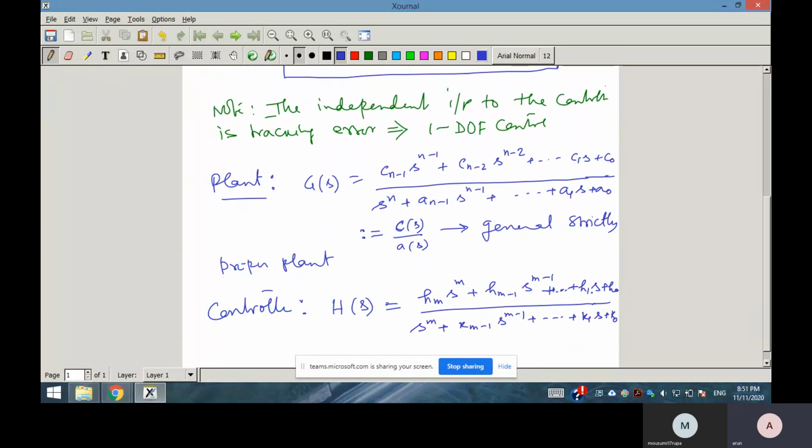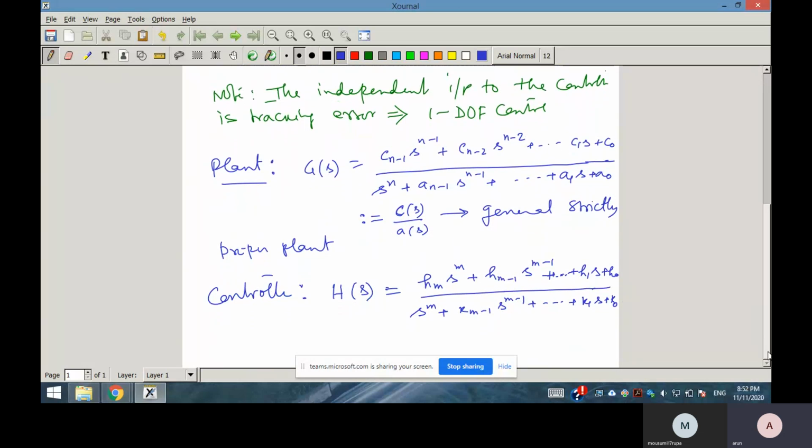So now you can see here I have considered a strictly proper plant, but for the controller, what is the relative order here? Relative order is 0. So that's why it is a biproper, or bicausal, general biproper mth order controller.